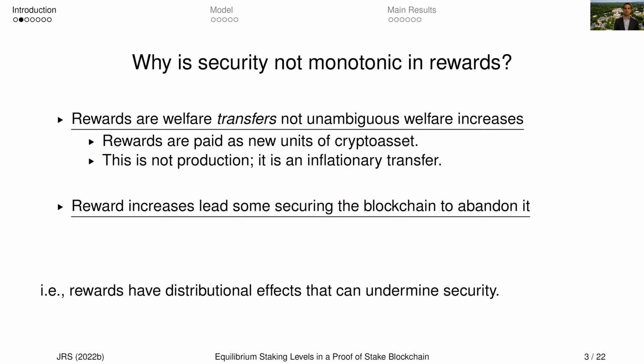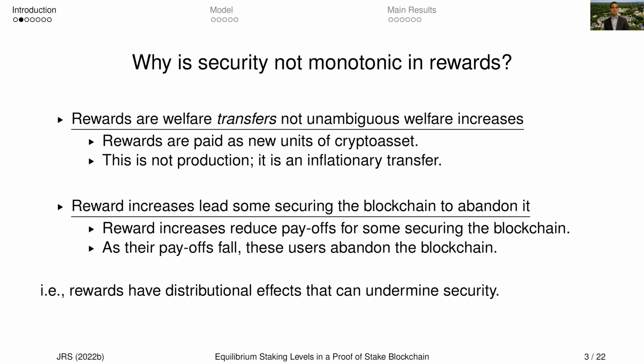But the important point is the fact that you are levying an inflation tax means that you could actually have people participate less because they're being taxed more, right? And so this gets into the second point about increases in rewards leading some of those securing the blockchain to abandon it. What do I mean by that?